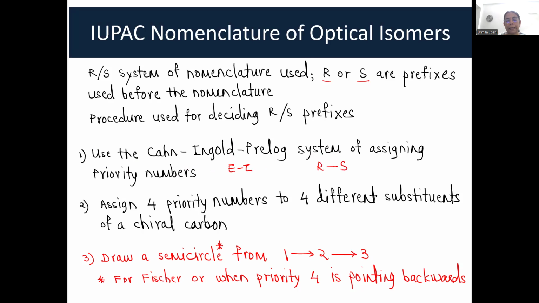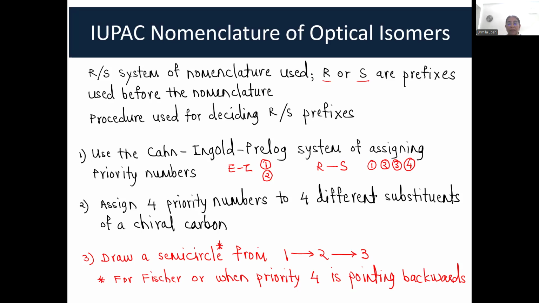The only thing is in EZ, we assigned priority numbers 1 and 2 because it was an sp2 hybrid carbon. Here, we are assigning priority numbers 1, 2, 3, and 4. Just remember that because to each chiral carbon, there are 4 substituents attached. So, assign 4 priority numbers.